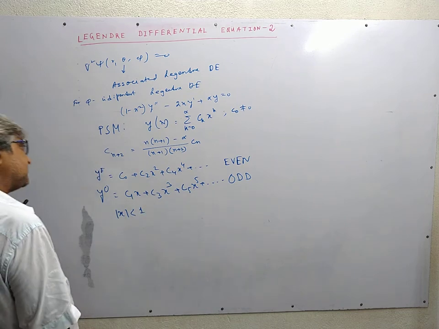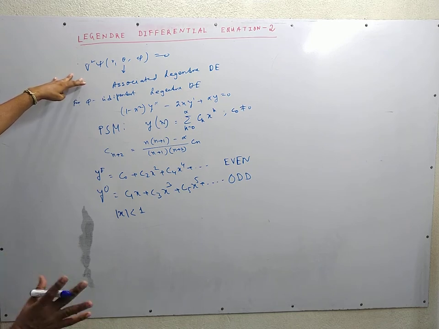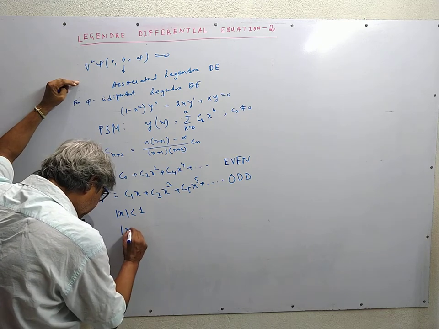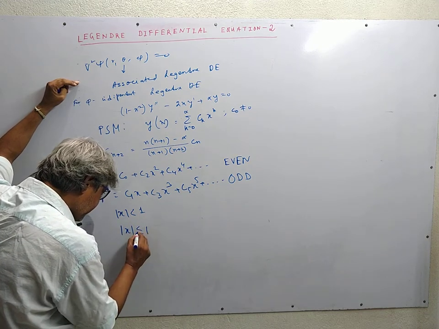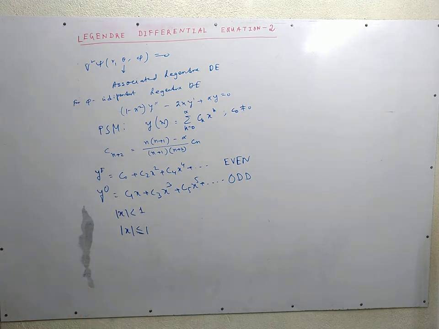But the Legendre differential equation is generally applied in the closed interval between plus and minus 1. x is equal to plus 1 corresponds to the positive z axis, and x is equal to minus 1 corresponds to the negative z axis.